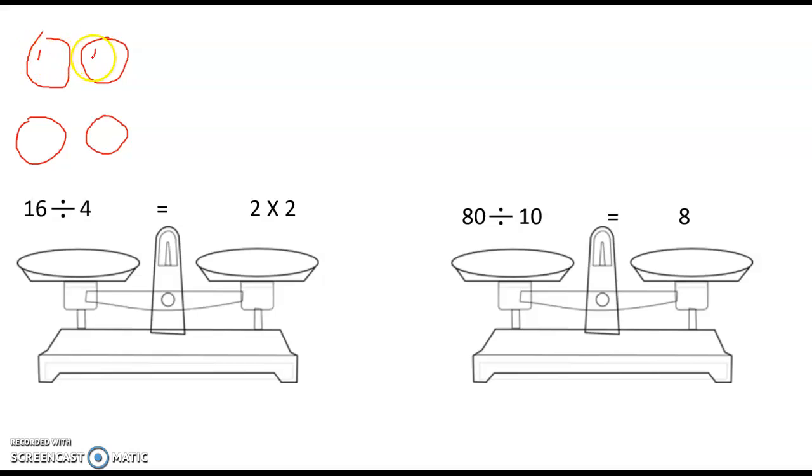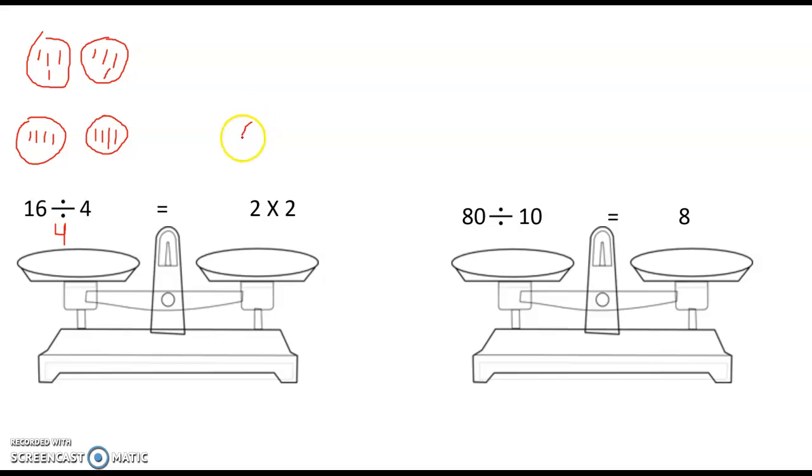Now we distribute 1, 2, 3, and on up to 16. So we've got 1, 2, 3, 4 in each group. So 16 divided by 4 equals 4.